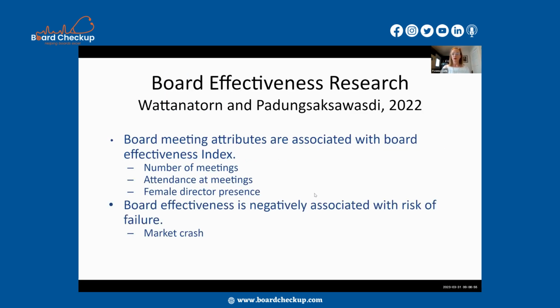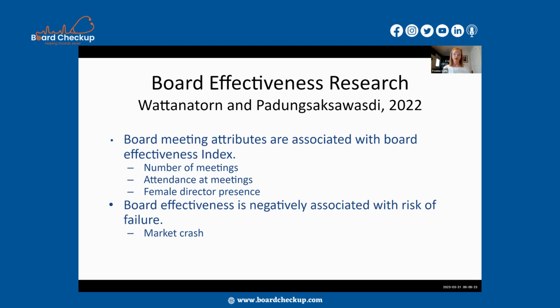Okay, well, that gets us going. I'm going to talk about some of the research around board meetings, and I'm drawing from both for-profit and not-for-profit. So let's start in the for-profit context, where this is 2022. I've tried to draw from some of the most recent research around board meetings and board effectiveness. Board meeting attributes are associated with board effectiveness.